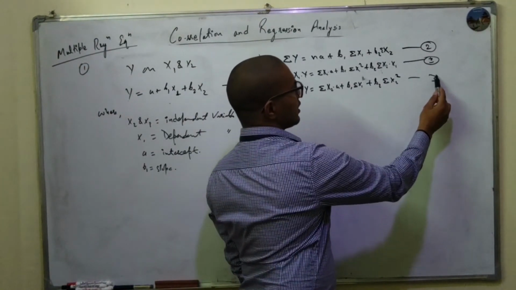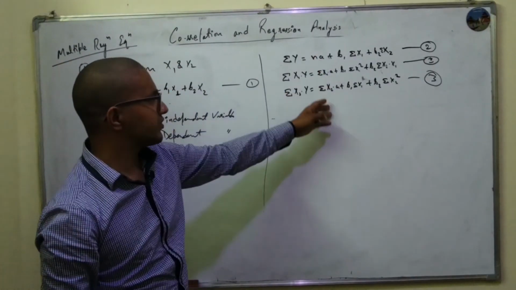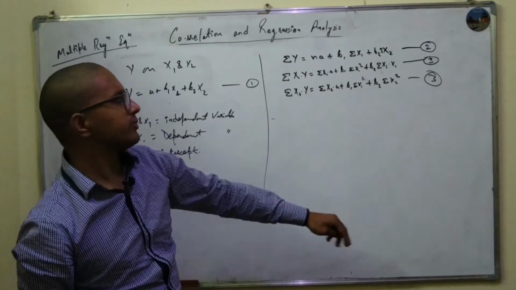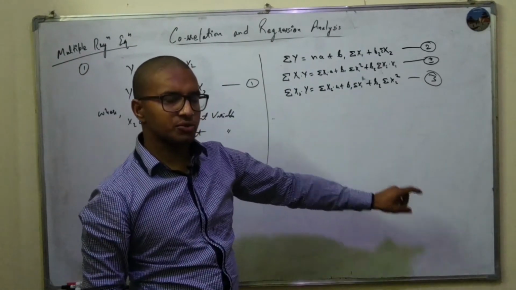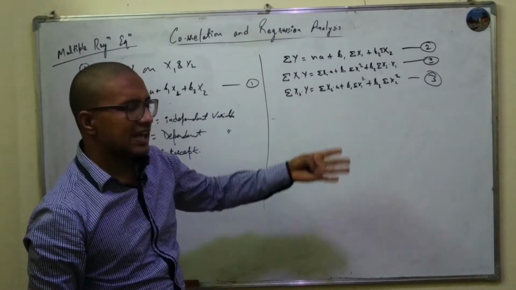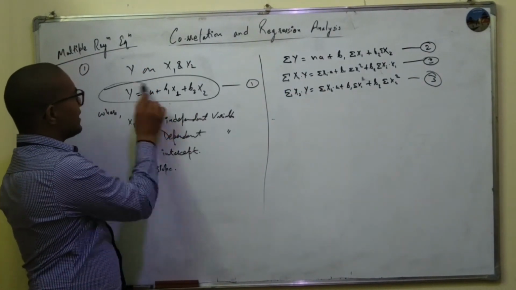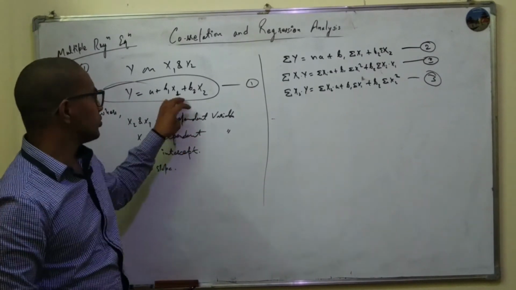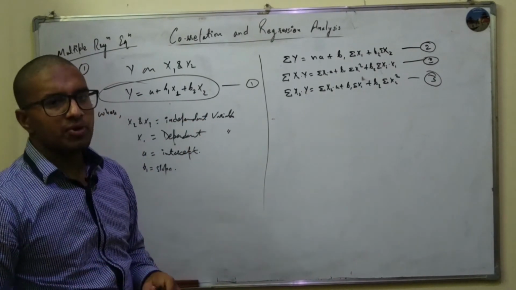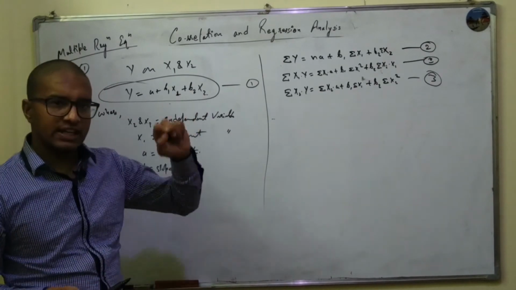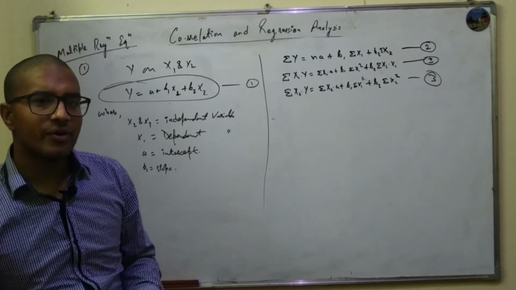After that, we again take the values of a, b1, b2 and the constant, keep them at the side, use the matrix method, compute a and b, and put those values in this equation. Then we put in the values for x1 and x2, the independent variables, and we will get our y.